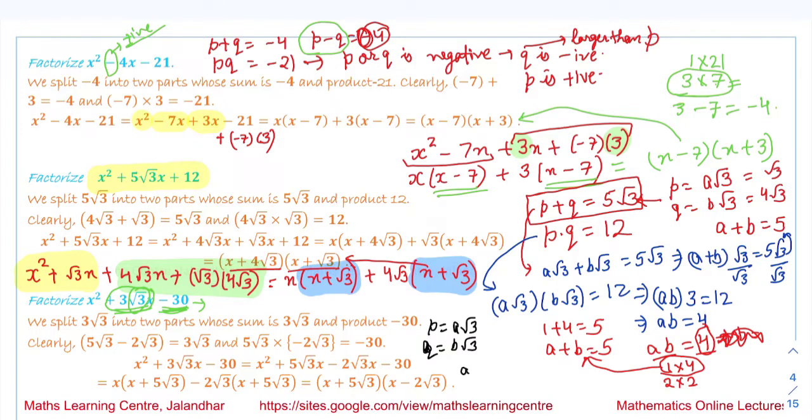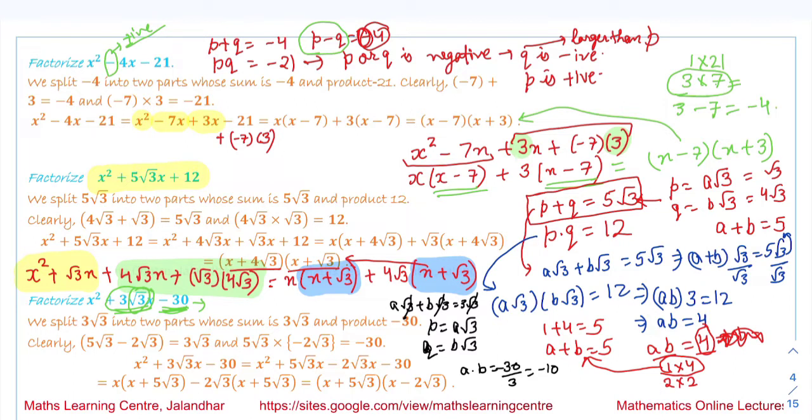So we are saying A into B should be equal to 30 by 3 with negative sign, so it should be equal to minus 10. Second thing we have is their sum, A root 3 plus B root 3, that should be equal to 3 root 3. Root 3 gets cancelled.